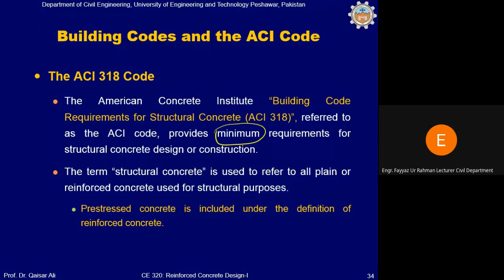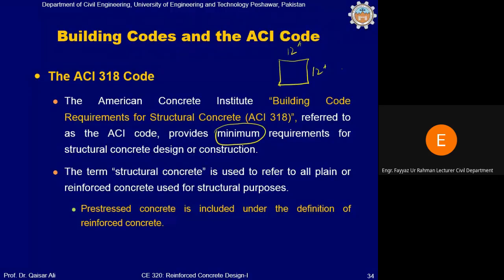For example, the ACI requirement for a special moment resisting frame is that the column size must not be less than 12 inch by 12 inch. So if you are designing a special moment resisting frame, you can never provide a column of size 11 inches or 10 inches or 9 inches.